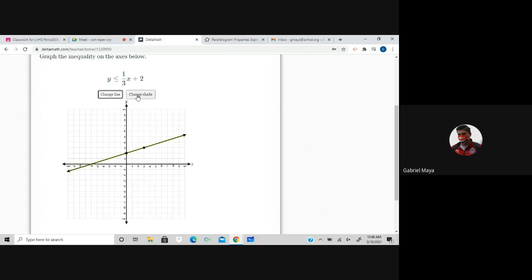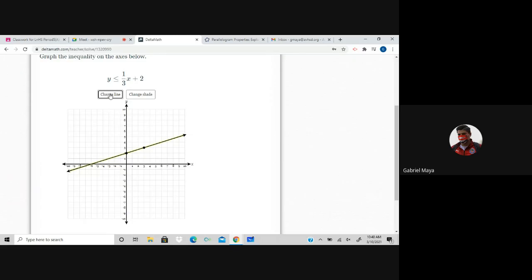Okay, so now we have to shade. If you don't remember what we had in the notes, whether less than or equal to means above or below, the best thing that works is to pick a test point. Let's use the origin. I always like to use the origin as the test point.